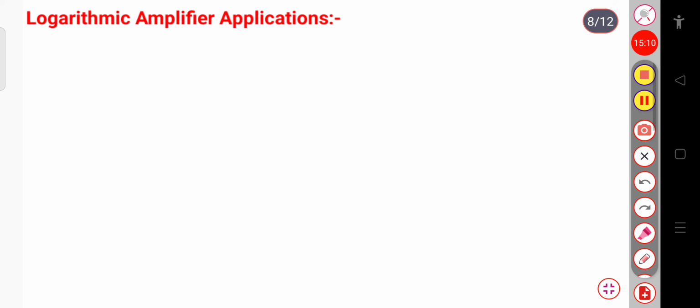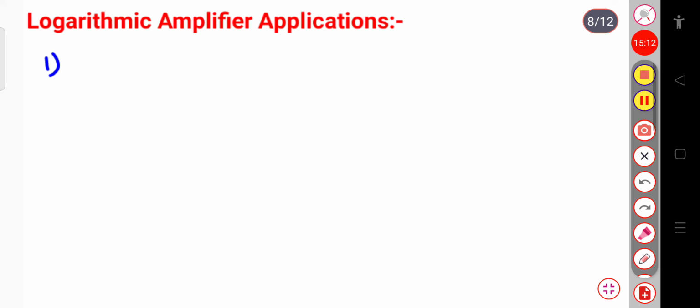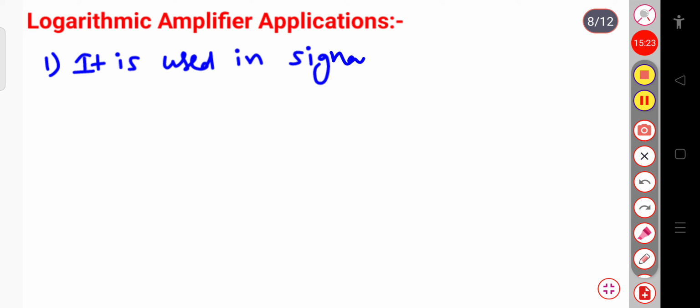So the applications are, it is used in signal processing. It is used in computerized process control.